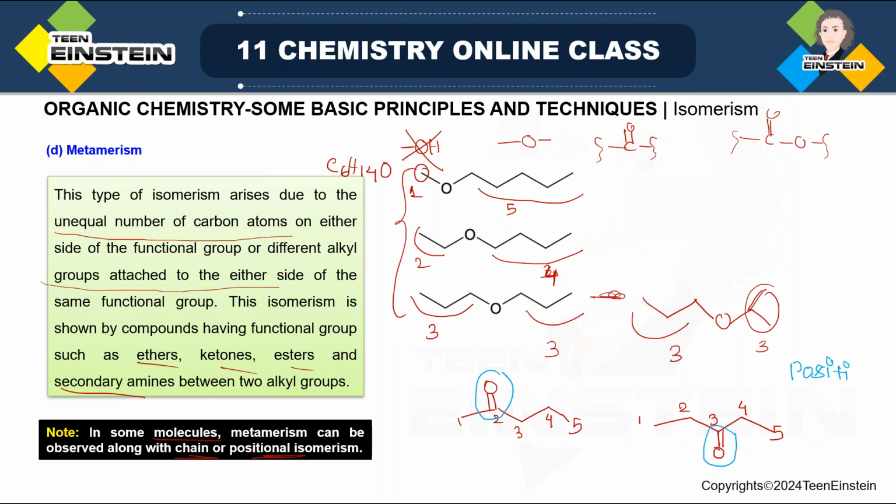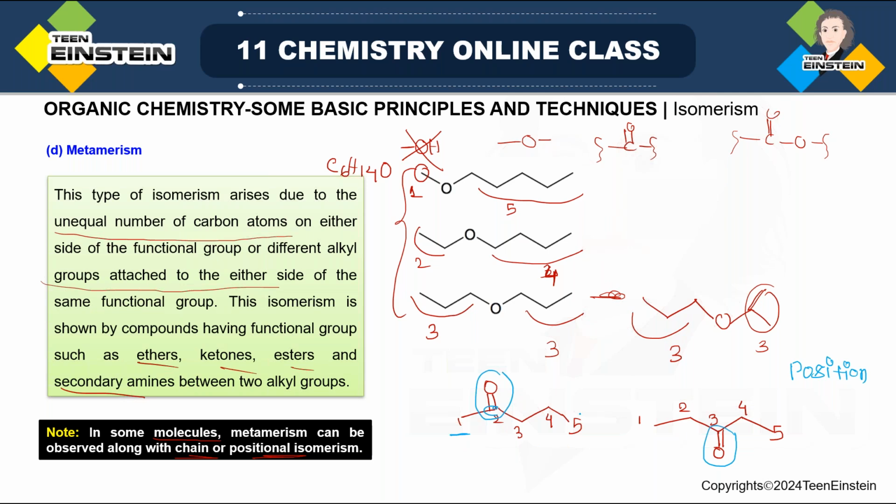Now this position isomerism overlaps with metamerism. It is possible in those cases where the functional group carbon itself is part of the parent chain. Then only this type of problem arises. So see here, at first glance it seems as if it is position isomerism. But I can also say it is metamerism because of the different number of carbon on both sides.